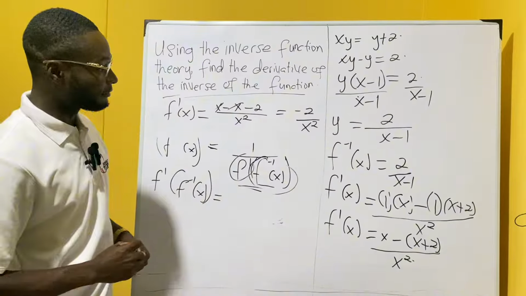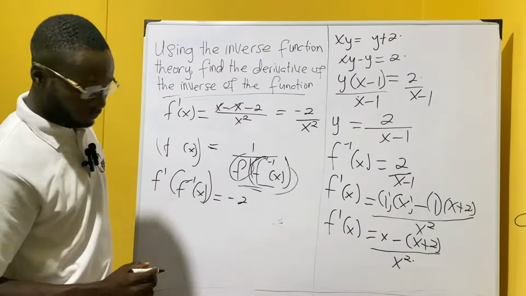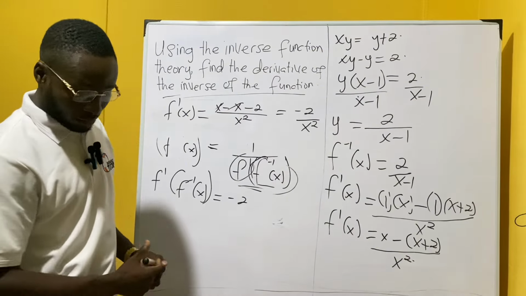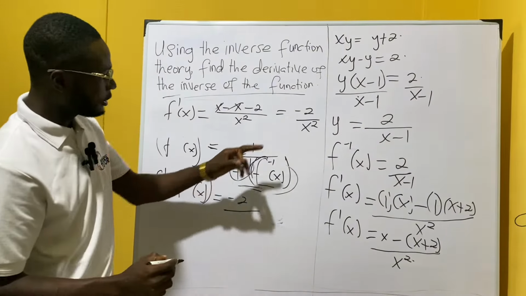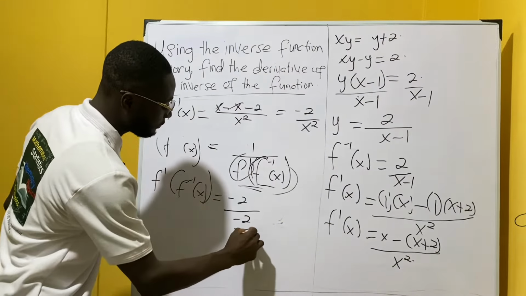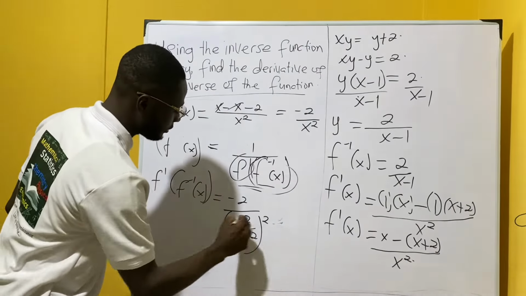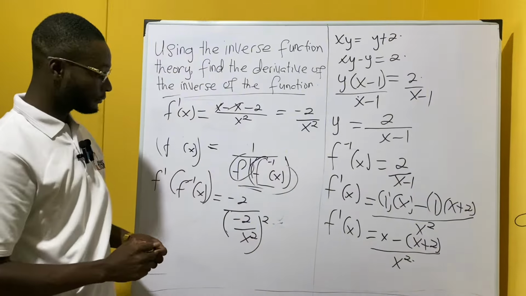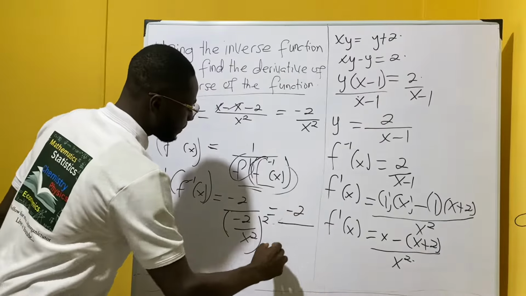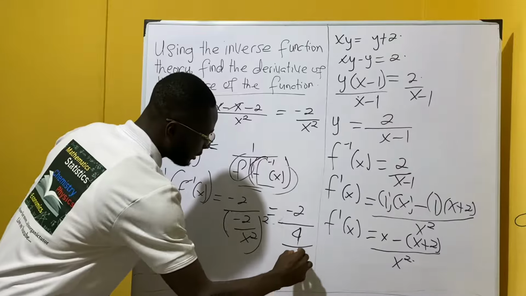So we're going to have minus 2, let's cross check, minus 2 over 2, no, we have minus 2 over s squared all squared because of this all squared here, right? So we can go ahead and say minus 2 over 4 over x power.